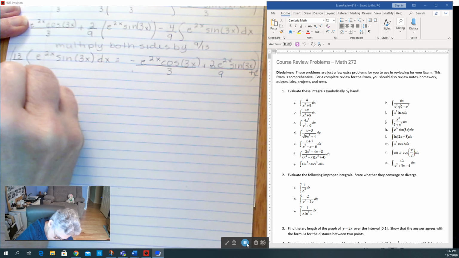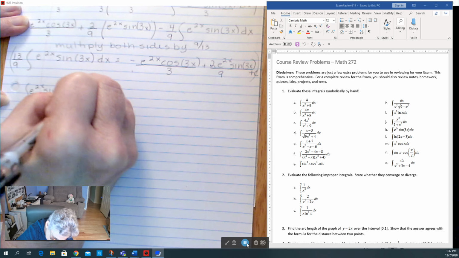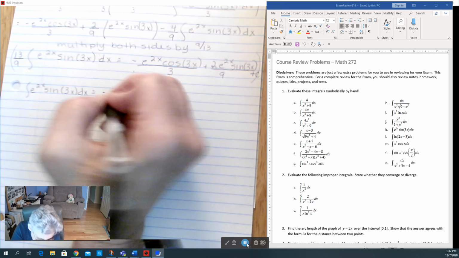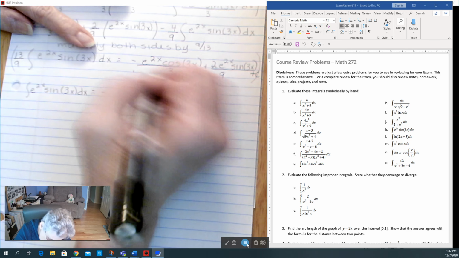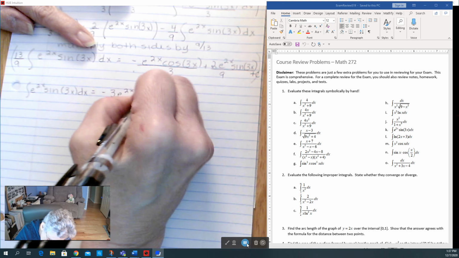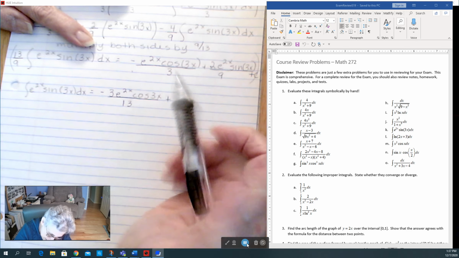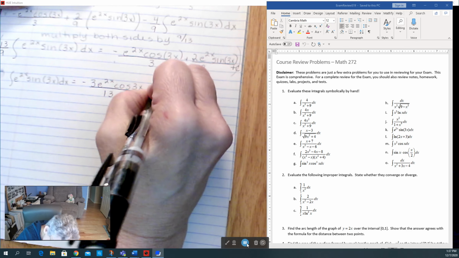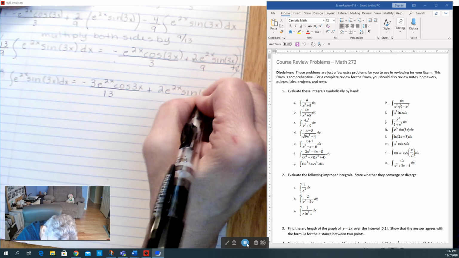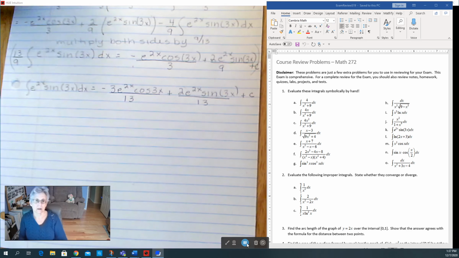And the integral of e to the 2x sine of 3x dx is equal to 9 over 13 multiplied here gives me negative, let's see, 9 cancels with the 3, leaves me with 3e to the 2x cosine of 3x over 13, and the 9's cancel, 2e to the 2x sine of 3x over 13 plus a constant.